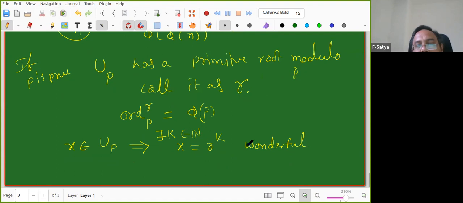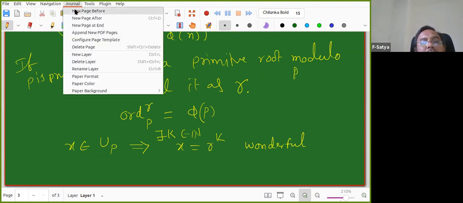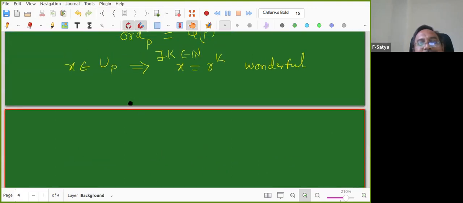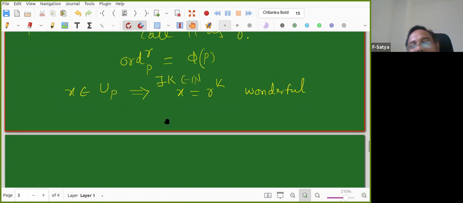In particular, those who are from economics, for them it is very useful. Why? These things are useful in digital signatures and financial things. You have a cyclic group. Actually, this is called discrete logarithms.